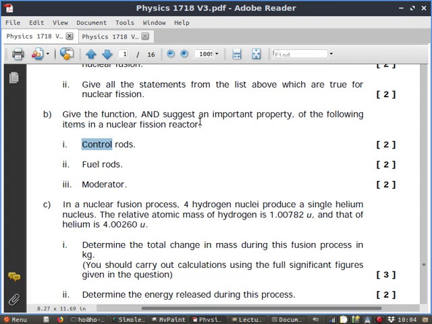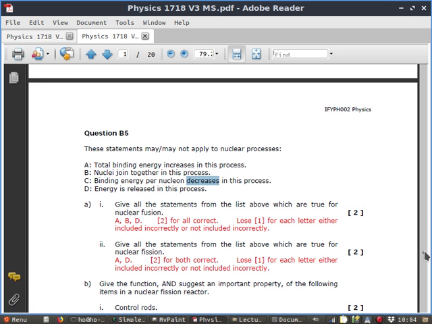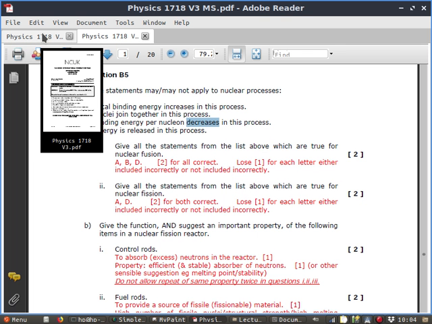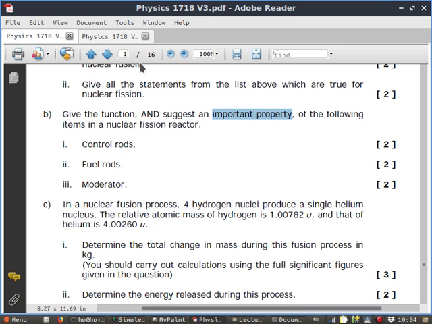Right, now. Next, we want a property. Something good or bad. A property.